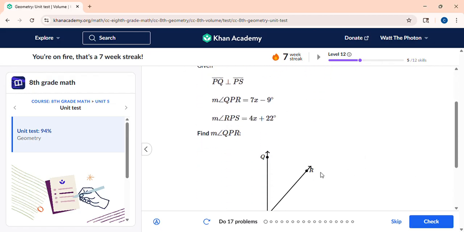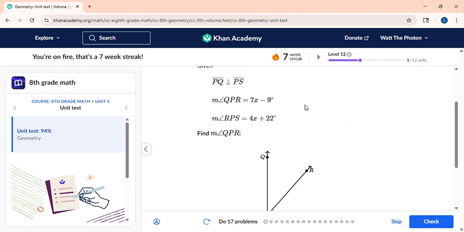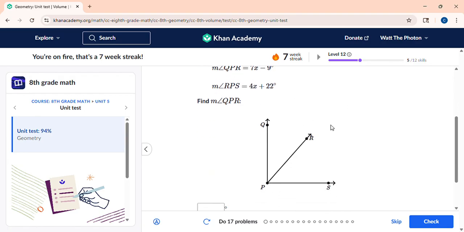PQ and PS intersect at a 90-degree angle. QPR is this. So we're going to have 90 degrees is equal to 7x plus 4x, which is 11x, plus 22 minus 9, which is 13.